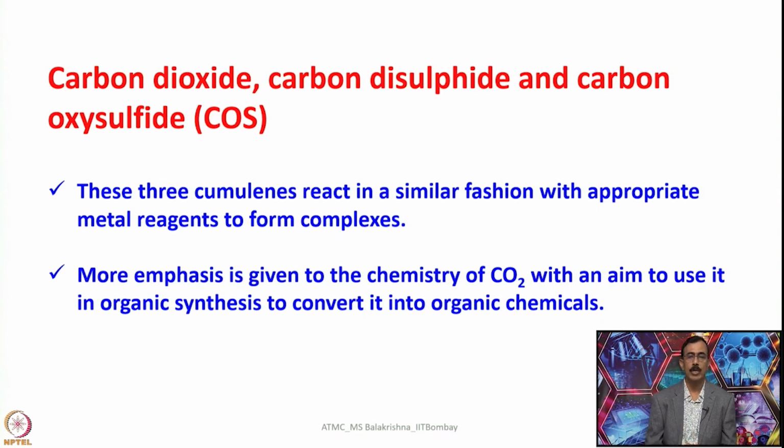And then let us also look into carbon disulfide and carbon oxysulfide as ligands. So, these 3 belong to the cumulene category, and these 3 cumulenes react in a similar fashion with appropriate metal reagents to form complexes. That is the reason I have put all these 3 together, and more emphasis is given to the chemistry of carbon dioxide with an aim to use it in organic synthesis to convert it into useful organic chemicals.